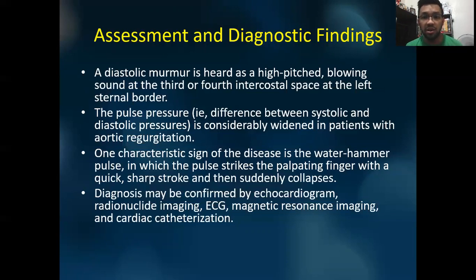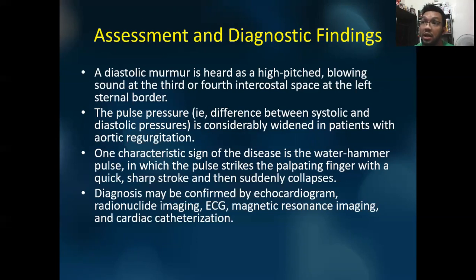And one characteristic sign of the disease, take note, class, that this one has the water hammer pulse. So it has the water hammer pulse, in which the pulse strikes the palpating finger with quick, sharp strokes, and then it suddenly collapses. So if you are going to palpate the pulse of the patient, you will feel for quick, sharp strokes.